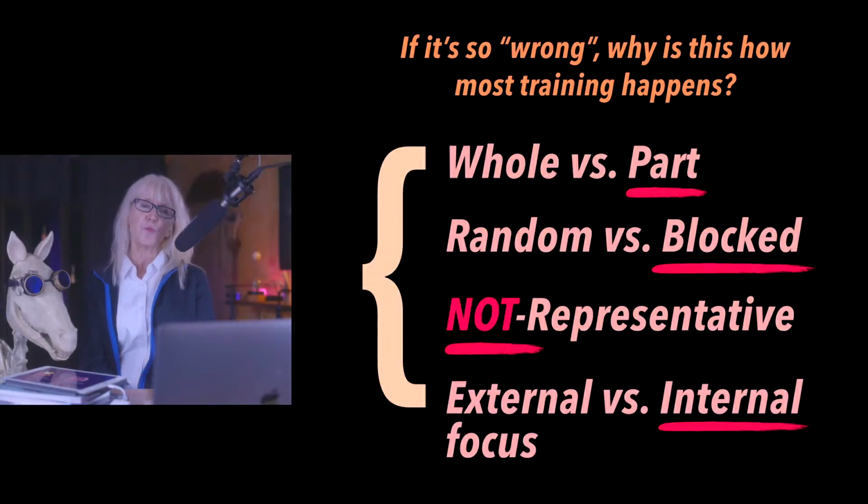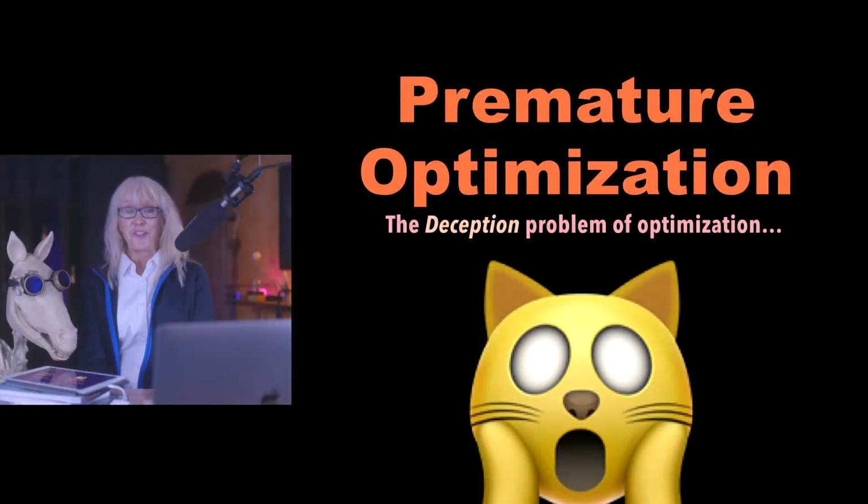So again, if it's so wrong, why were we all doing it? Because of premature optimization. It's the deception problem, which you'll learn more about in a minute, of trying to optimize.